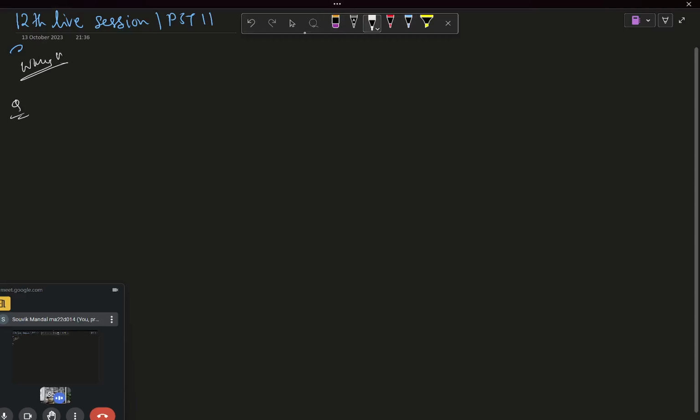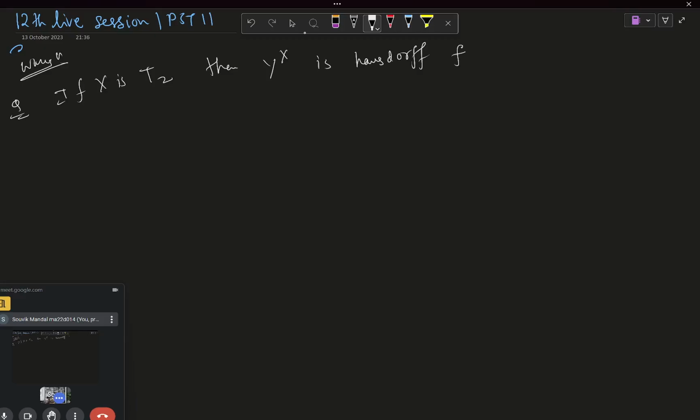The first question is as follows: if X is Hausdorff, then the function space Y to the power X is Hausdorff for any topological space Y.